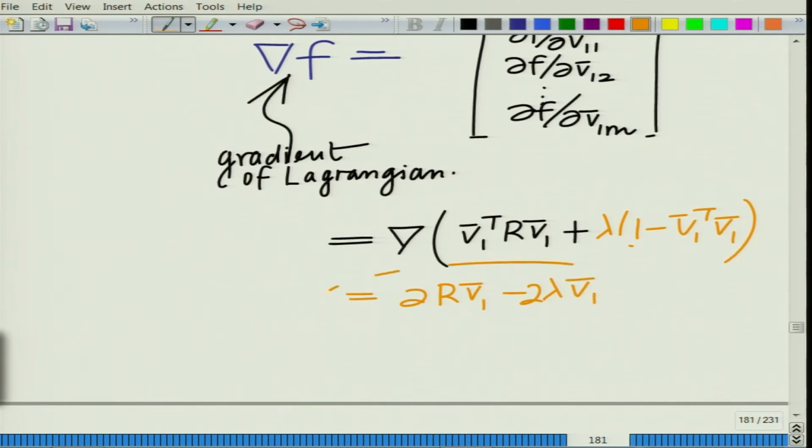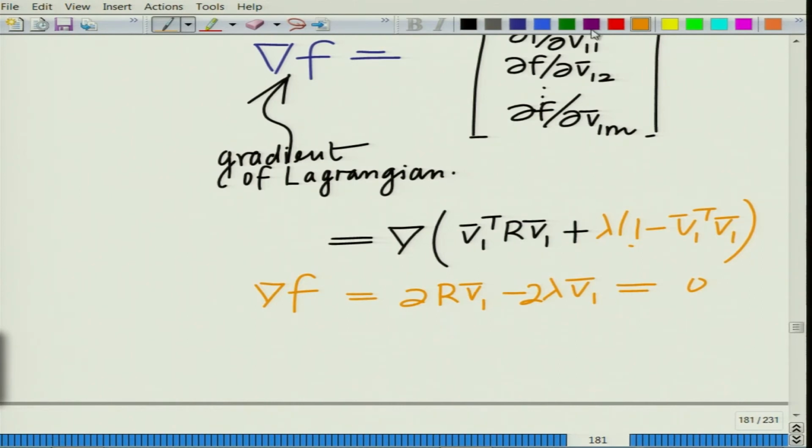And now, to find the stationary point, we set the gradient with respect to V bar equal to 0, just like you set the derivative of a single dimensional function to 0 to find the maximum or minimum.